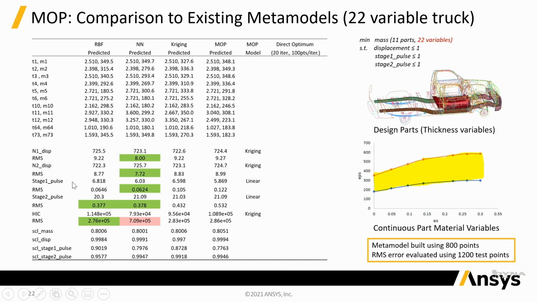You can see here that in this case, the current metamodels, the neural network metamodel and the radial basis function metamodel, are marginally better than the MOP system if you compare the numbers. So all this really tells us is that it does make sense to combine all the LS-OPT metamodels also into the MOP system, so that the best ones can be selected automatically, and it frees the user from having to make that selection. The next slide.